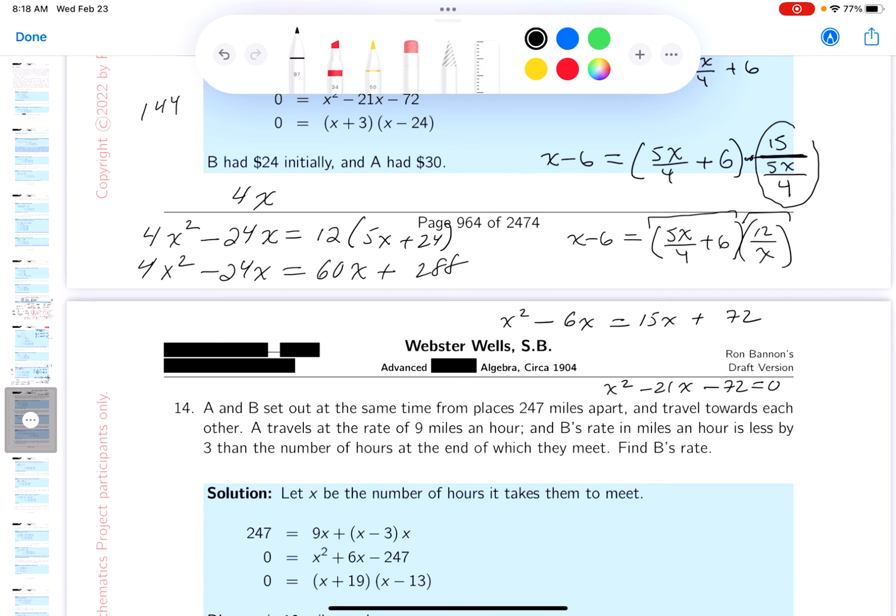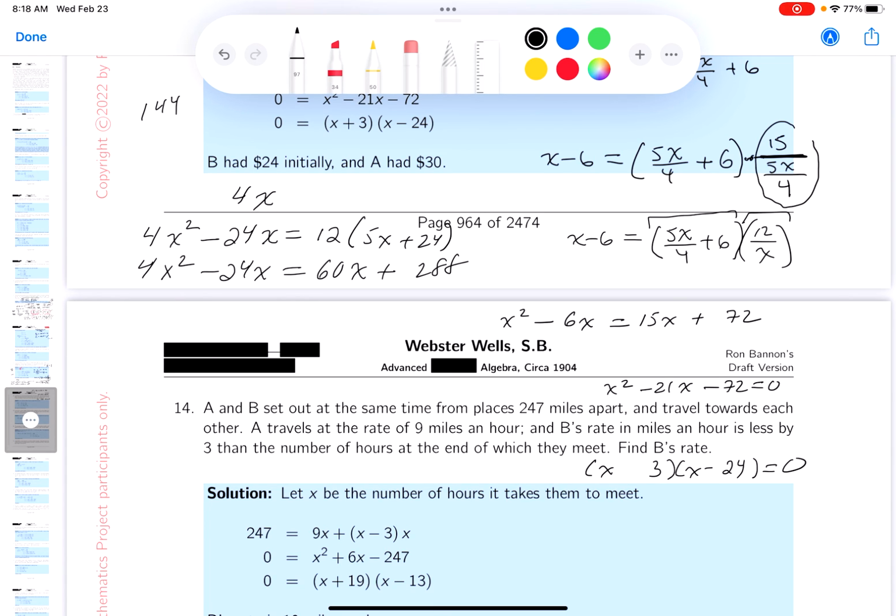Not really. What do I get over here? x and x. A product that gives you minus 72, but a sum that would give you minus 21. I'm going to say 3 and 24, but before I say it, I want to make sure that that's good. 3 and 24 differ by 21. Yeah, it works beautifully.